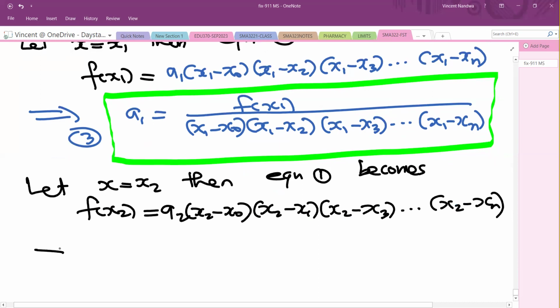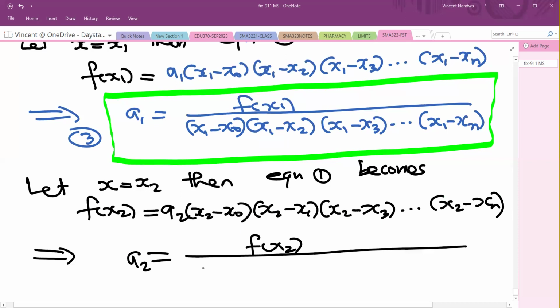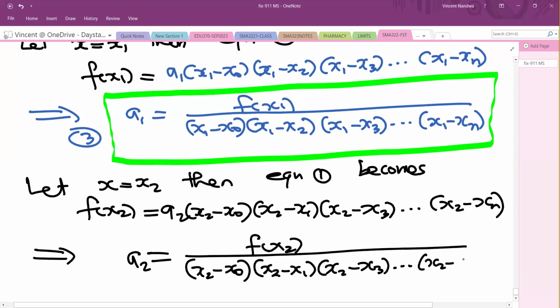So this means that a2 alone will be f of x2 divided by x2 minus x0, x2 minus x1, x2 minus x3, all the way up to x2 minus xn. So we call this one 4.